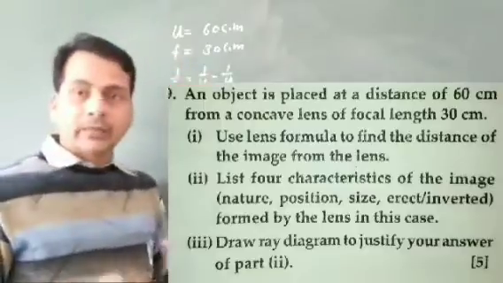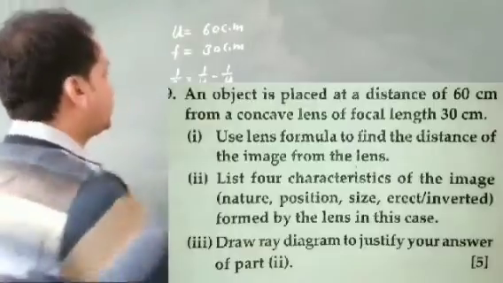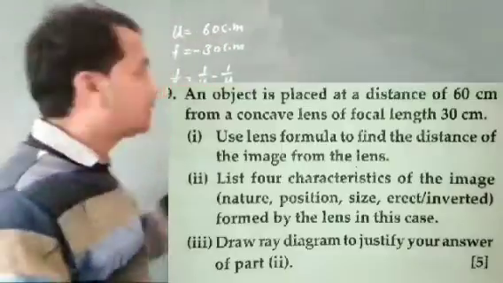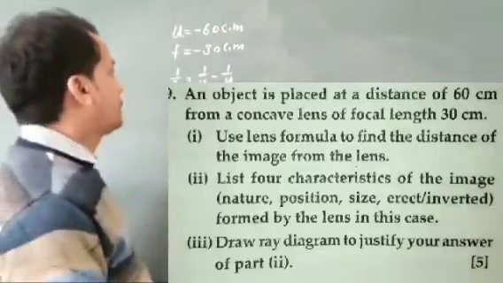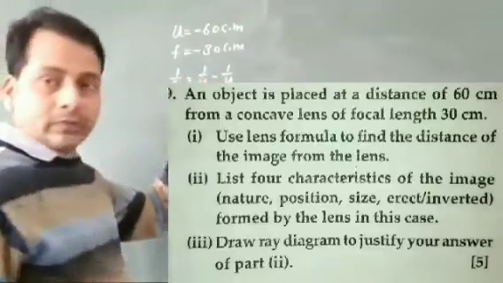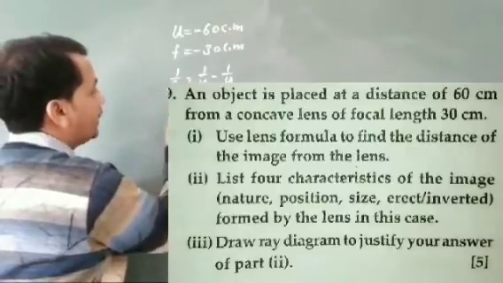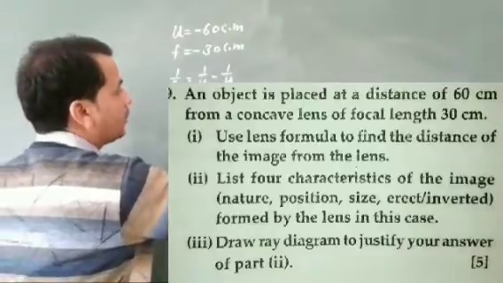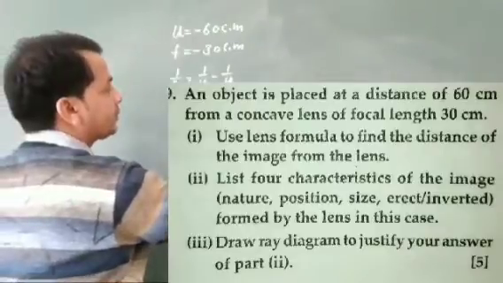The focal length of a concave lens is negative, and according to the sign convention the object distance is minus 60 centimeter. Putting the values in the lens formula, 1/(-30) = 1/v - 1/u, where the object distance is minus 60.